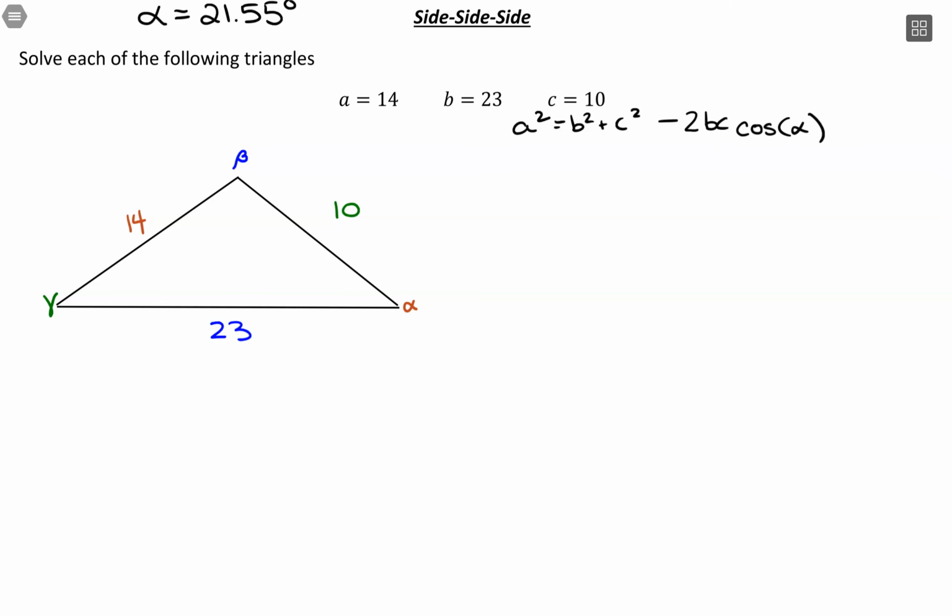So filling in numbers there, a is 14, so I'm taking 14 squared equals b squared plus c squared minus 2 times b times c times cosine of alpha, which we do not know. And now I'm going to start simplifying. So let's see, 14 squared should be 196.